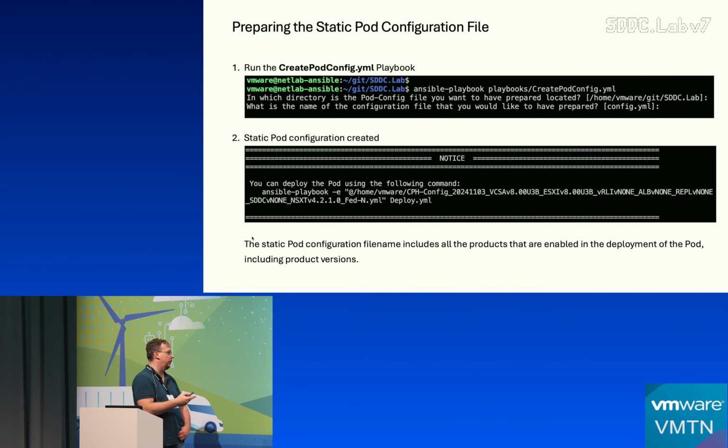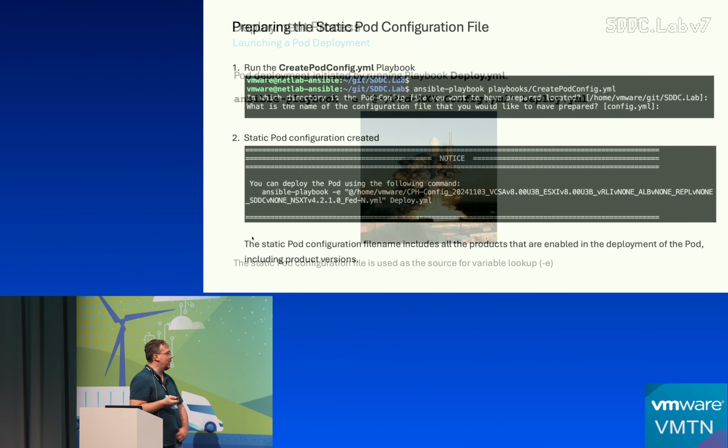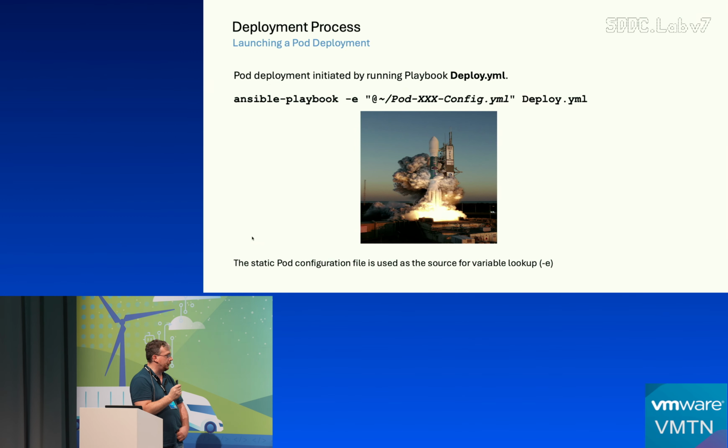It's not going to have Advanced Load Balancer, etc. Just to make it a little bit easier for you to see, instead of having to go into a file and check what it is. So that static configuration file has all the variables translated, so it will have all the values in place, which means that in the next step, when we actually deploy the pod, that deployment process gets very lean. You don't consume any CPU for doing the lookup on the variables.